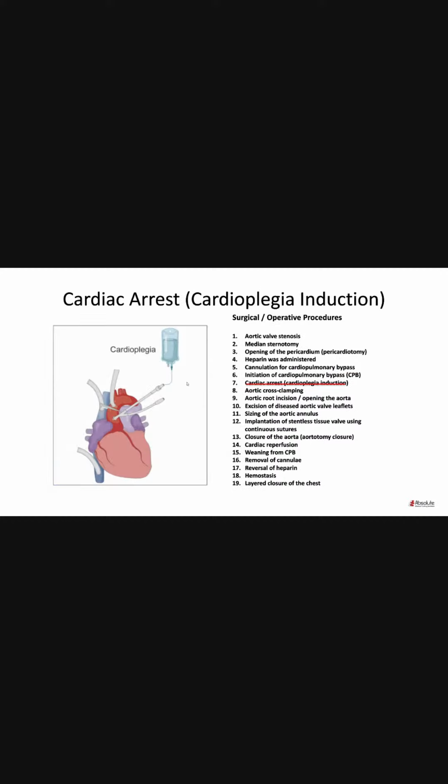Also, the heart was arrested. Cardiac arrest took place. So why are they going to make the heart stop? Well, if you're performing open heart surgery, you don't want to operate on a beating heart, right? That would be difficult.